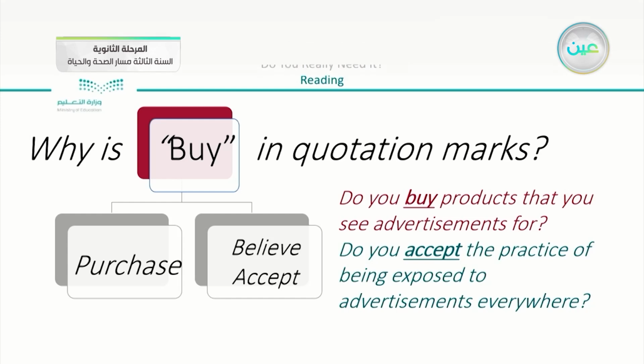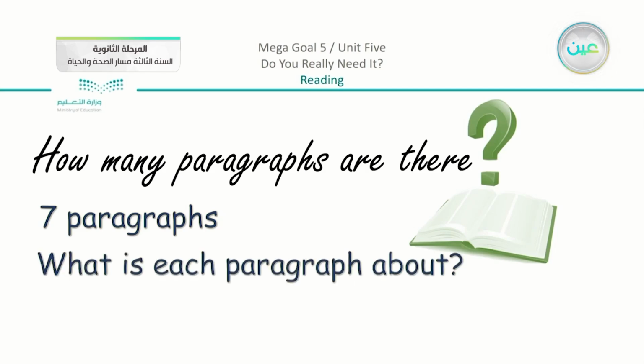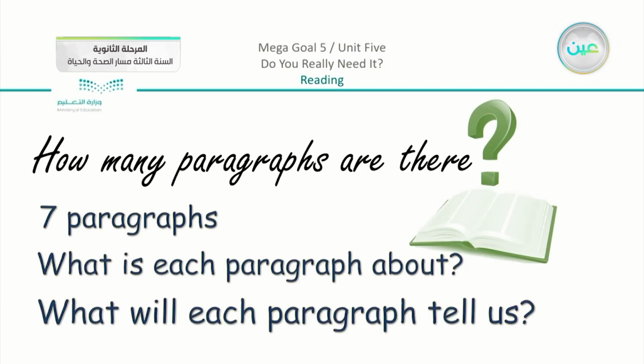So we are going to move on with our reading. Now, how many paragraphs are there? You can see in our reading passage that we have 7 paragraphs. We are going to know what each paragraph is about and what each paragraph will tell us.